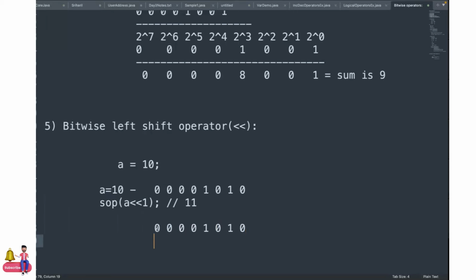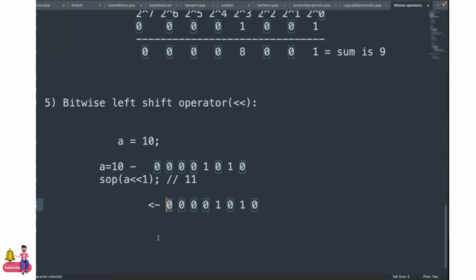As this moves towards the left, what happens? Do we have anything here? Once this value moves in this direction, we don't have anything, so this is going to be lost, because there is nothing afterwards.